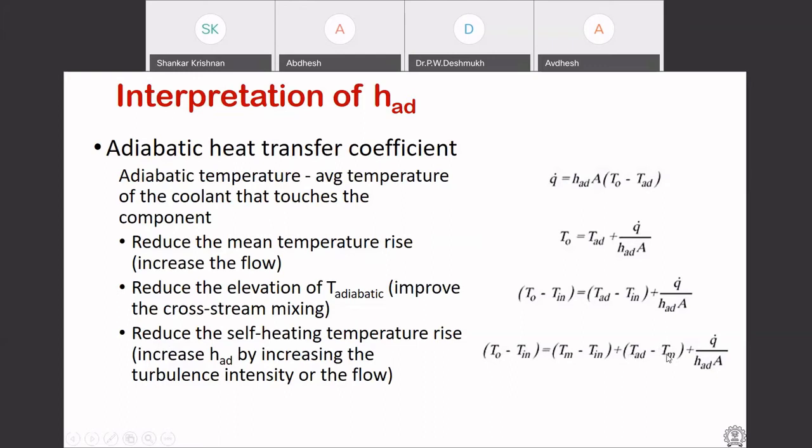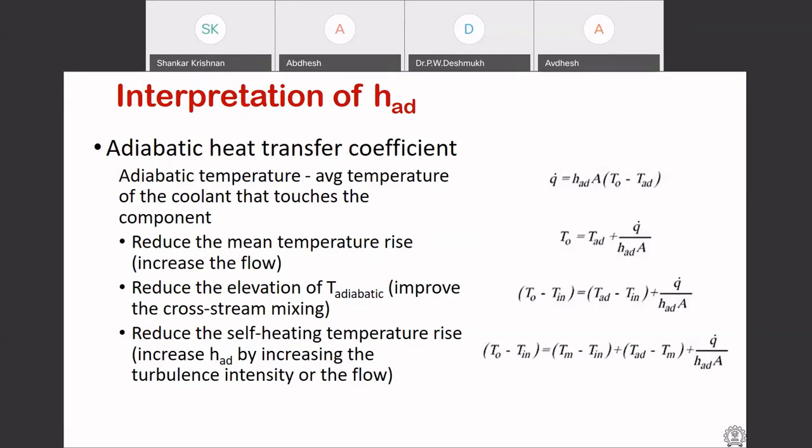So I have to provide some sort of cross flow cylinders or mesh or something that allows mixing. In some circuit pack designs, people use circular cylinders in cross flow to allow for such mixing. And the third one is the self-heating case, that is, heat transfer obtained from the heat source itself.